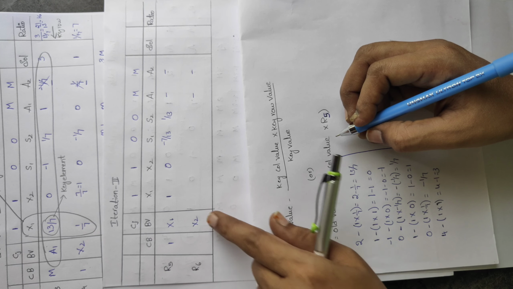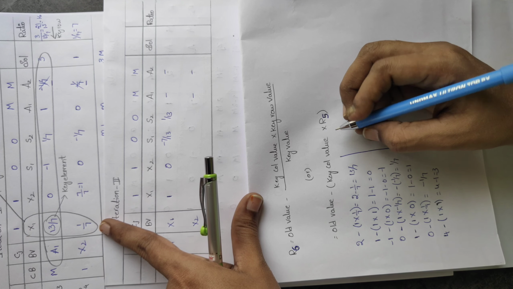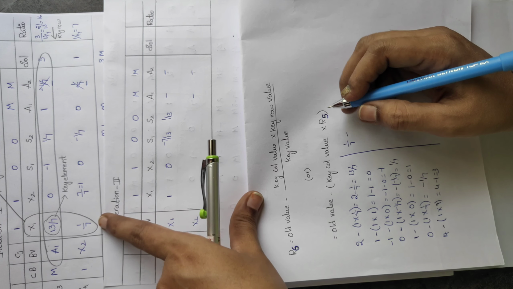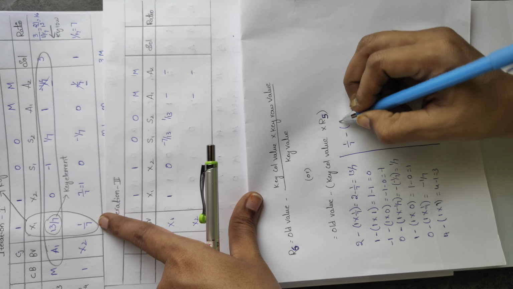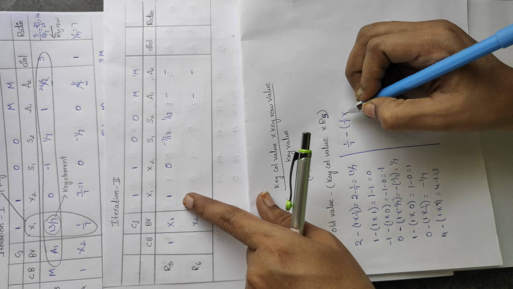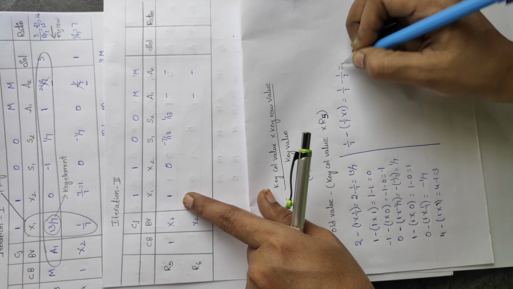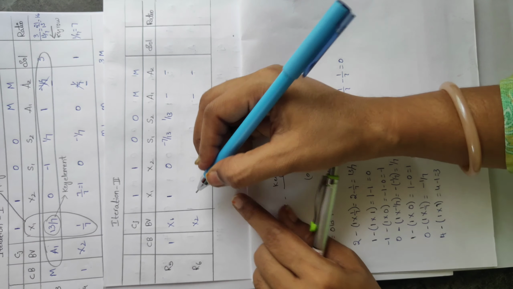Old value in x2 is 1 by 7, minus key column value, which is 1 by 7, into R5 value. R5 value is 1. That means 1 by 7 minus 1 by 7 equals 0.